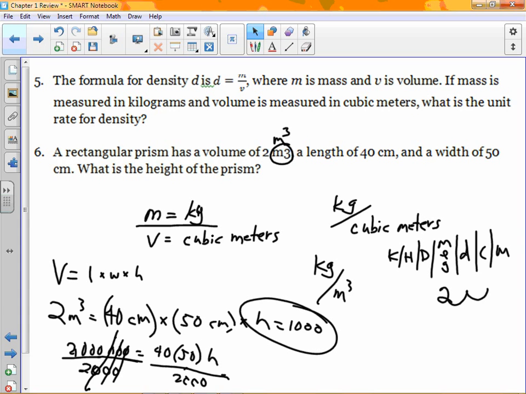But when I'm doing cubic meters, I have to move the decimal 3 times. So 2 cubic meters is 2 million cubic centimeters. Look, 2, 1, 2. Every time I move it, I don't move the decimal 1 place now. I move the decimal 3 places.